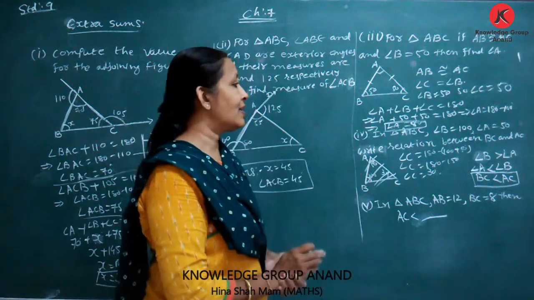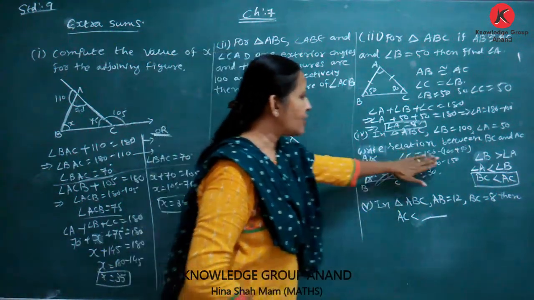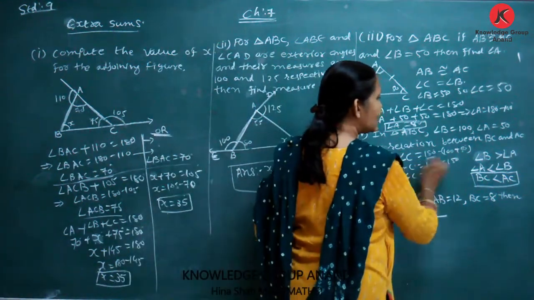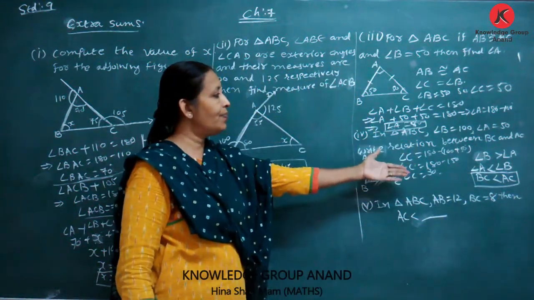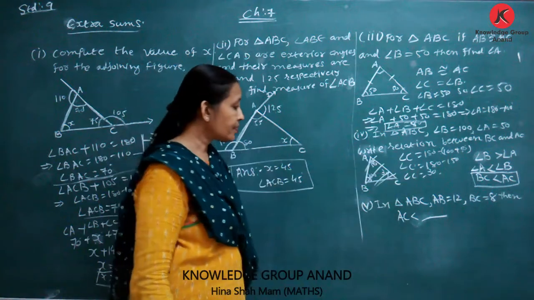Otherwise, AC is greater than BC. It is not necessary to find the figure. Only write like this: angle B is greater than angle A.